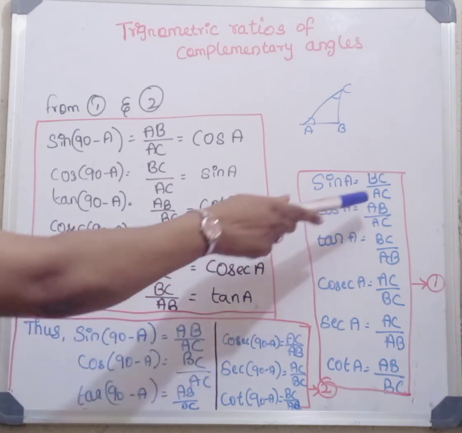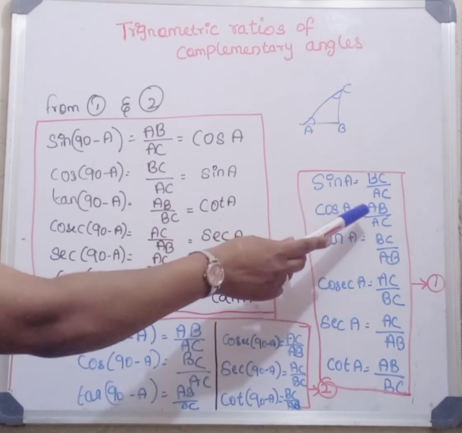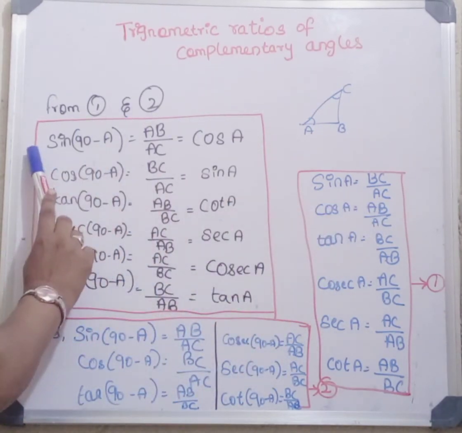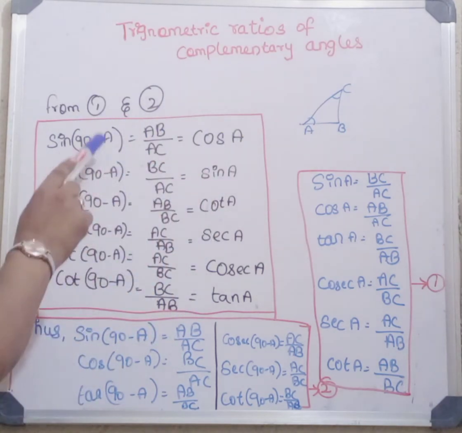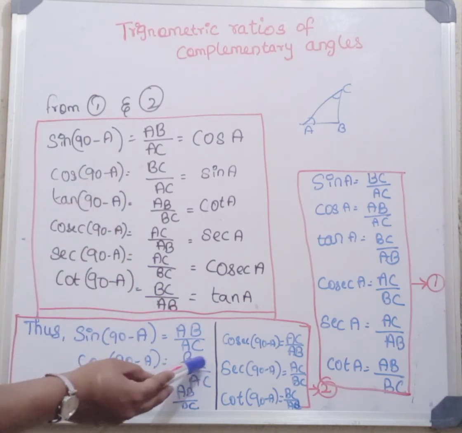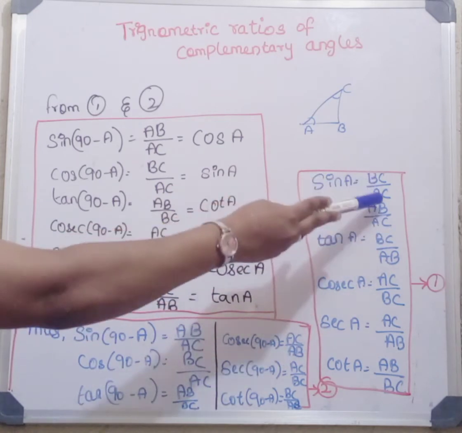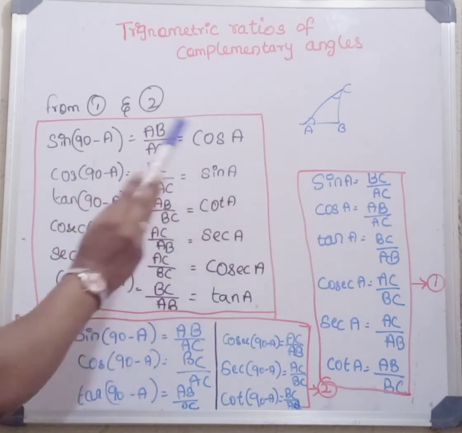In equation 1, AB by AC is nothing but cos A. So sin 90 minus A is nothing but cos A. Cos 90 minus A, we wrote as BC by AC. In equation 1, BC by AC is nothing but sin A. So cos 90 minus A is equal to sin A.